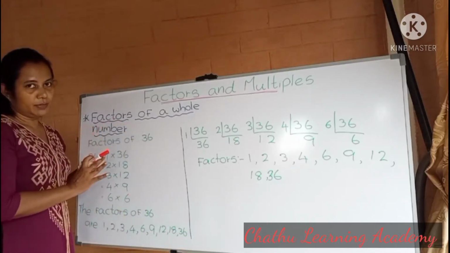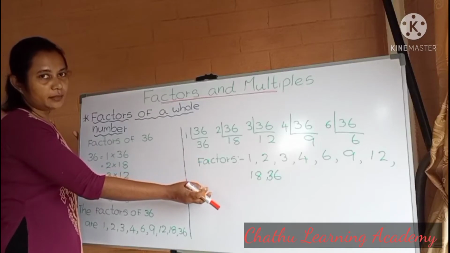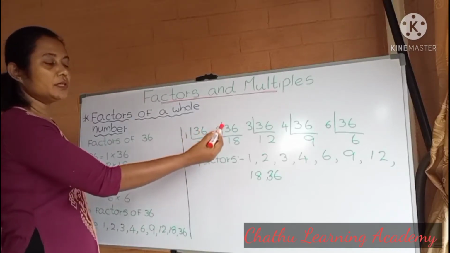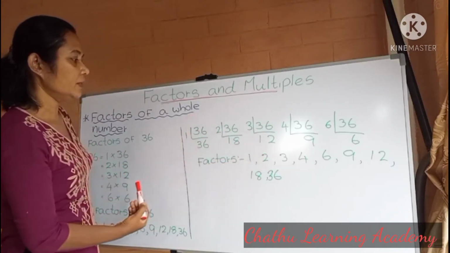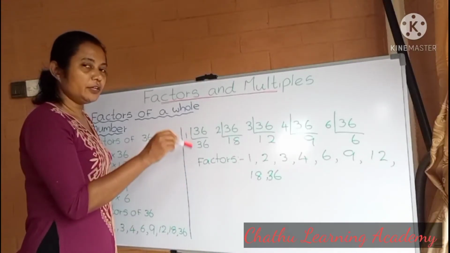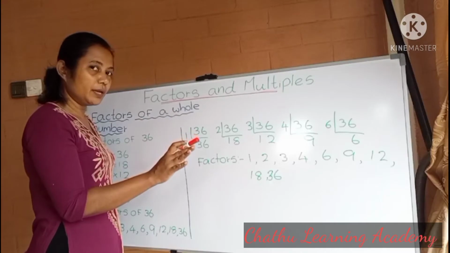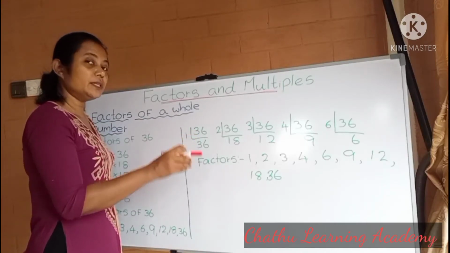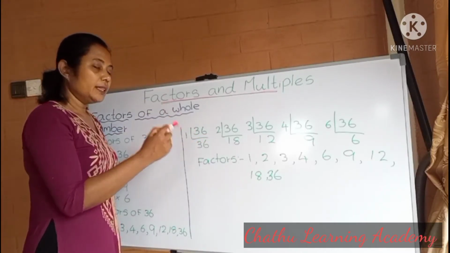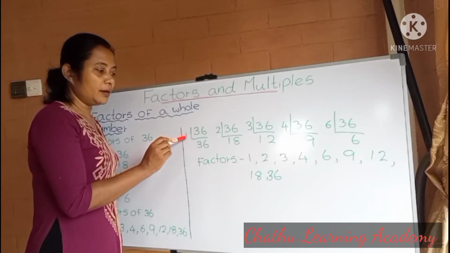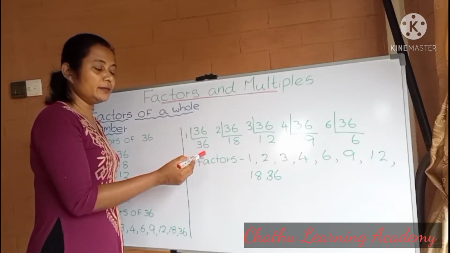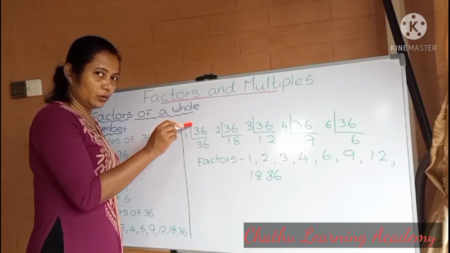Then this is one method. Then this is another method. Here we use the division method. If we can divide any given whole number by another whole number without remainder, it means with 0 remainder, then we can consider this number and this one as the factors of the given whole number.